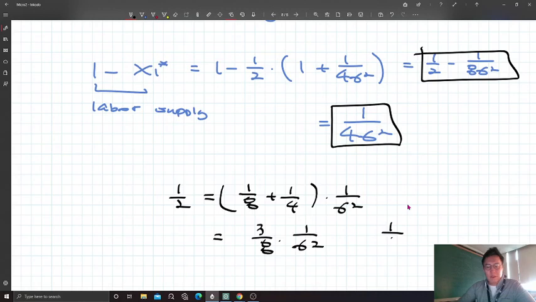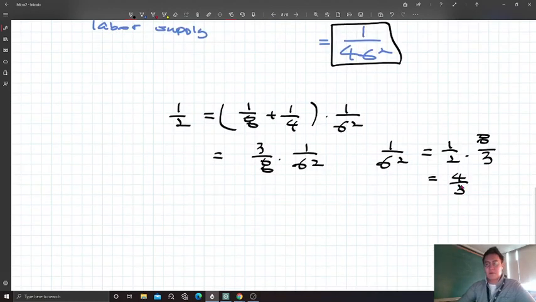So 1/sigma squared is 1/2 times 8/3, which is 4/3. So sigma squared, now we flip the top and bottom, is 3/4, so sigma should be a positive number, square root of 3/2.